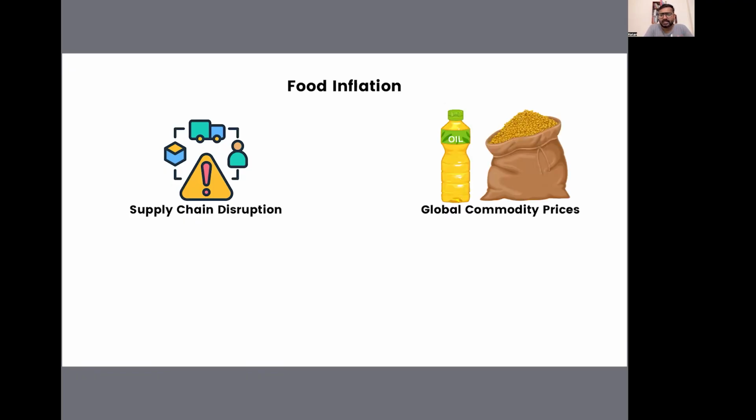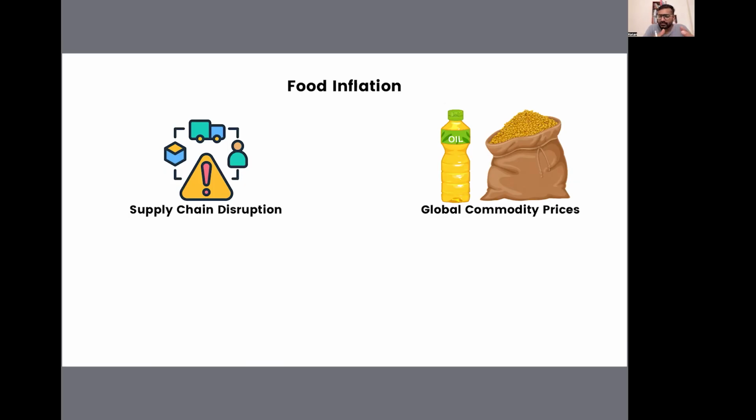Okay. The next major reason for food inflation has been the increase in global commodity prices, particularly edible oils and pulses. So in edible oil and pulses, we are more import dependent, and the increase of these commodities in the international market also affects us.